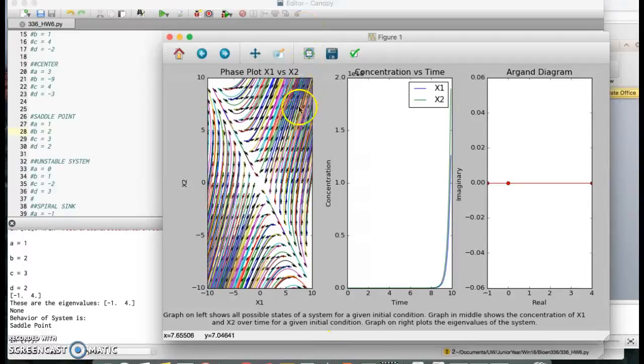Our initial condition of 10, 10 is out here, so it's in the unstable region. And as you can see, instead of getting a flat line as time goes on, we're getting an exponential increase in our x1 and x2 values, which implies the system is not stable at this point. And then on the Argand diagram, we see the values are all real and we have -1 and 4.